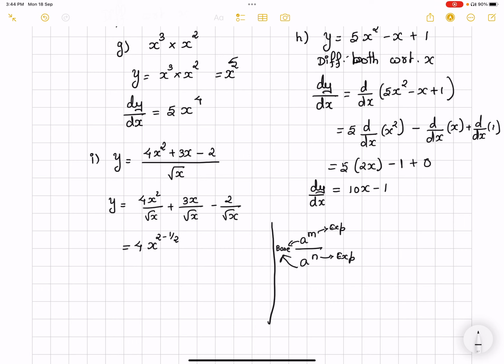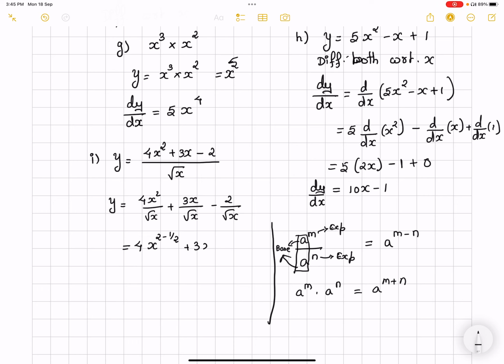When the base is the same and the powers are different, and there is a division happening, in the form of fractions or a rational number, in that case it is a raised to the power of m minus n. So that's the rule. And the same way when it is a product, then I would be adding up my powers, m plus n. The same thing I'm doing here.